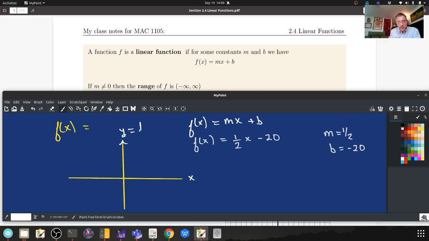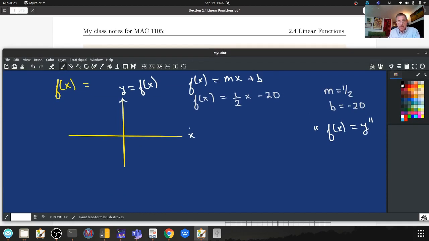When we're talking about functions, you can either relabel the y-axis or f of x, but always remember that f of x is equal to y. That's going to be helpful for you. I know it was for me when I was looking at these things.